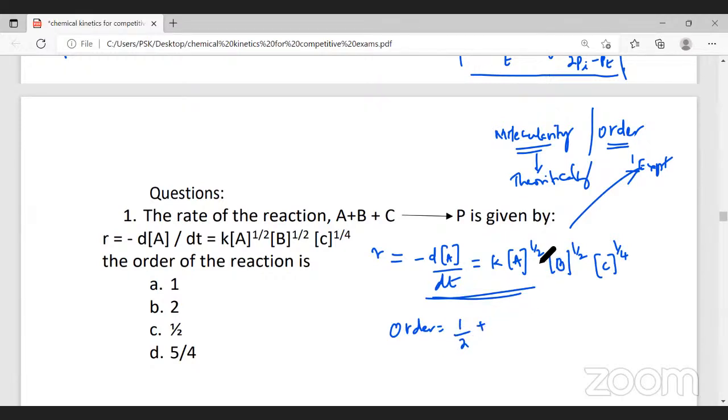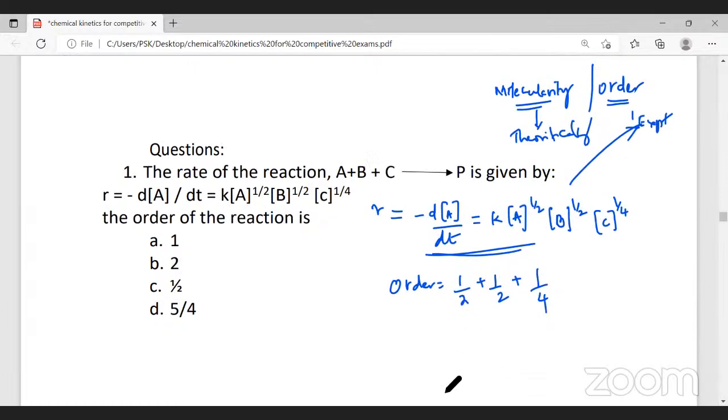So power of A is 1 by 2, order with respect to A is 1 by 2, order with respect to B is 1 by 2, and order with respect to C is 1 by 4. When you add the powers of the concentration terms, it's all in fractions. Order can be a fraction also. So if you take LCM, you will get this value 5 by 4. The overall order of this reaction is option D, 5 by 4.